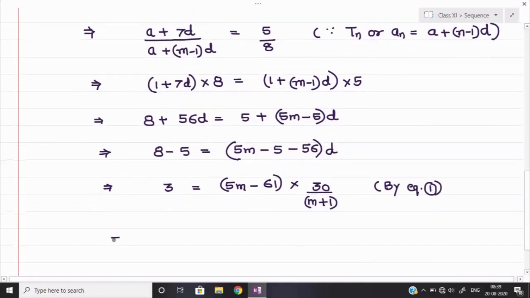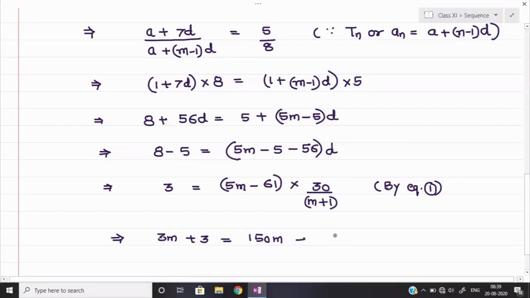So this will become 3m plus 3 is equal to 5m and 30 we shall multiply, that will become 150m minus, okay, because 5m and 30 I have multiplied, and same way 61 and 30 we can multiply.